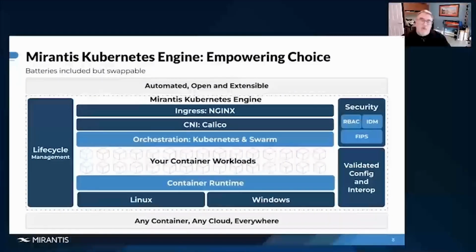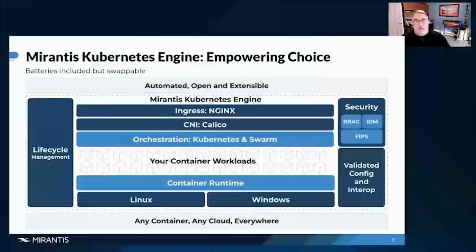Your container workloads will sit on top of a container runtime, and that can run on either a Linux or Windows-based host. And then for the management and orchestration of your containers, we provide both Kubernetes as well as the choice of Swarm. We'll talk more about that in a moment. Really giving you a choice for what the right orchestration need is for your application.